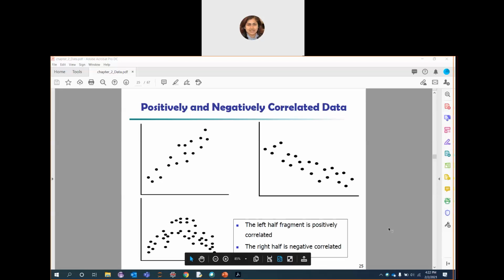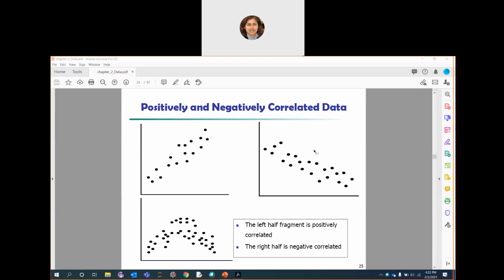So if the set of plotted points slopes from lower left to upper right like this, it means that the value of x increases as the value of y increases, suggesting a positive correlation.